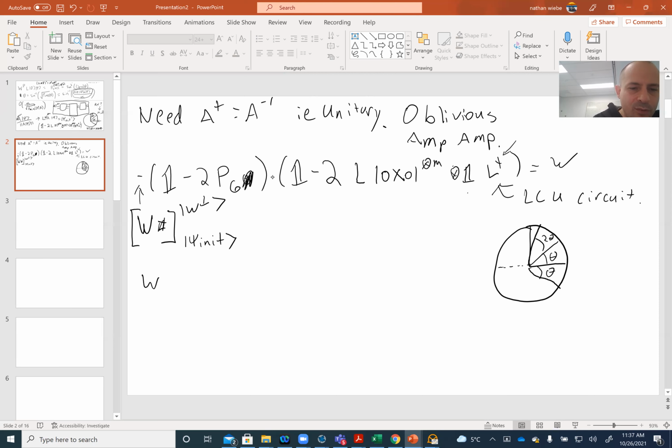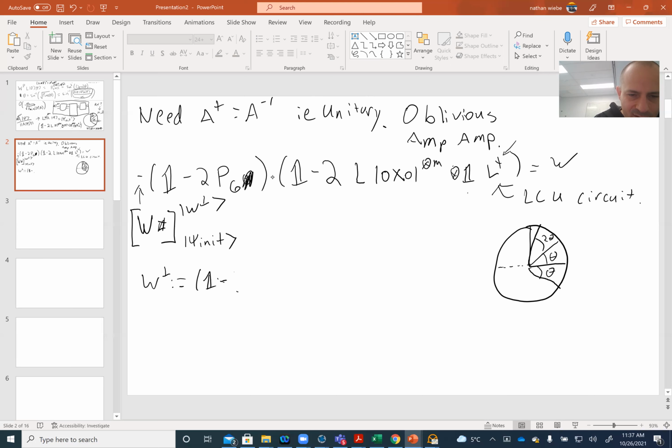Where W perpendicular is defined to be the orthogonal complement of W acting on psi init from the state psi init. Didn't give myself enough space. Let me rewrite this.